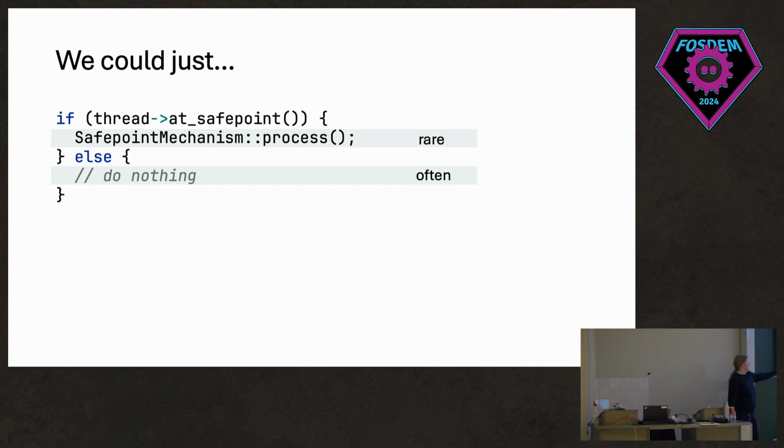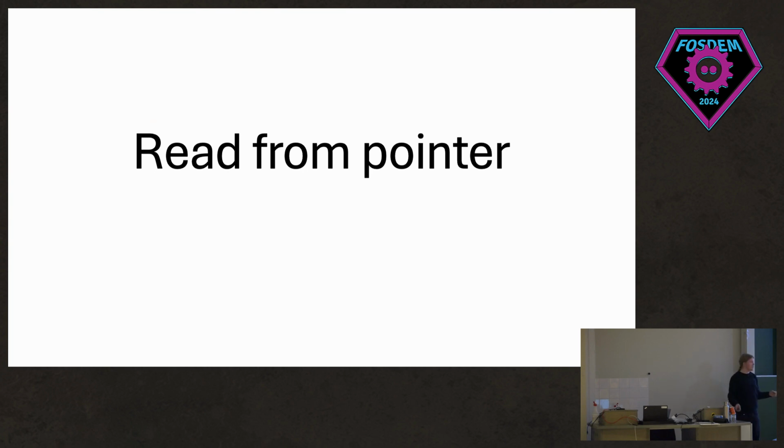So usually the safe point check fails, and this is cool because we now know that we can make this a slow path. It doesn't matter that much how fast it is if we get the fast path really fast. And one idea here is we could just read from a pointer, because reading from a pointer in the fast path is quite fast, especially if the pointer is in the cache or somewhere.